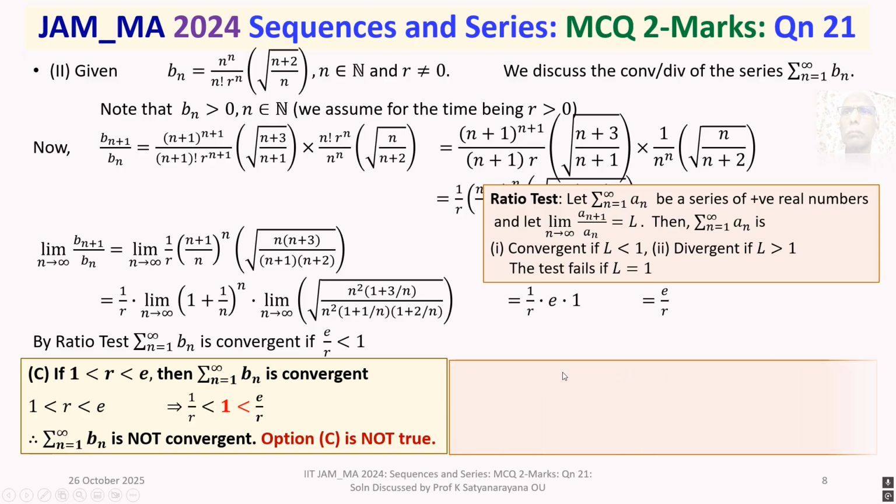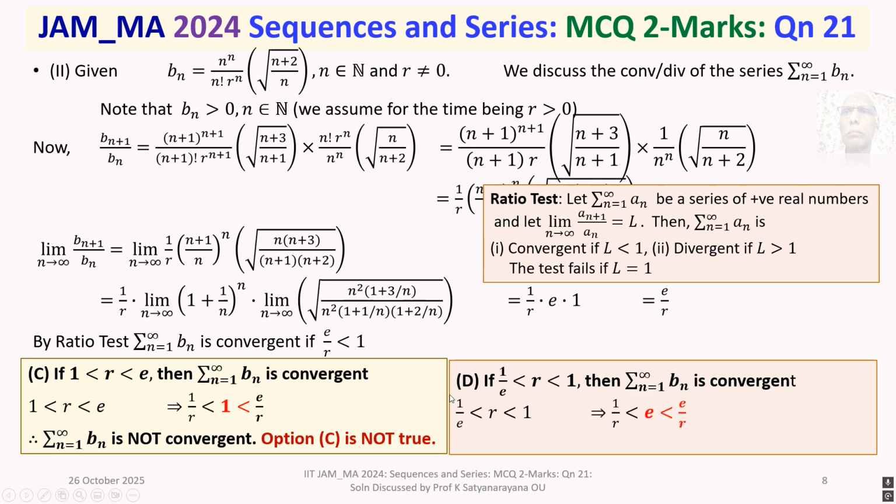Recall option D. If 1 by e less than r less than 1, so r is positive but less than 1. So we did not lose any generality by assuming r greater than 0 in the beginning. Everything will follow, no problems. And sigma Bn is convergent.